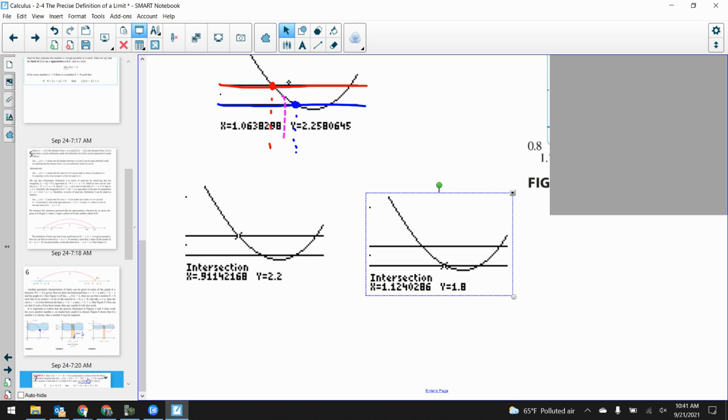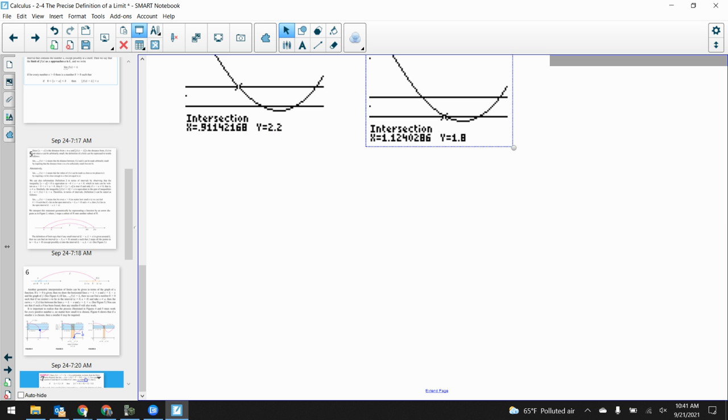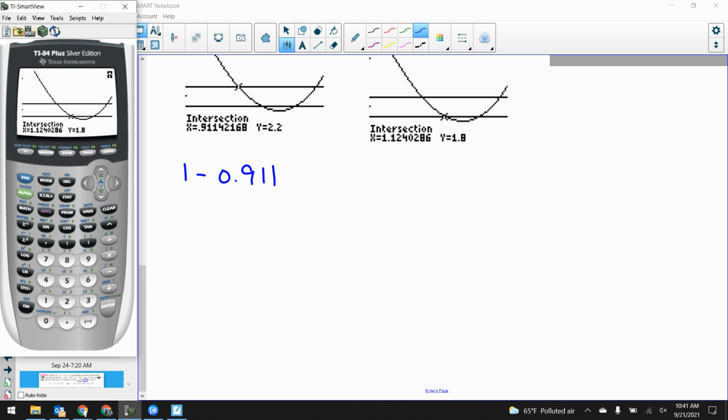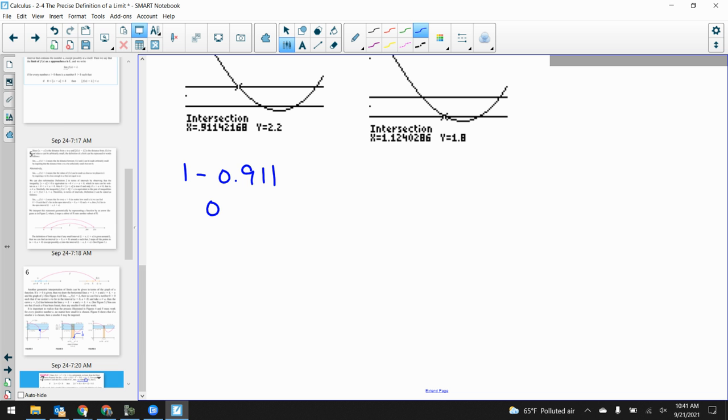Okay. Now, I've got 0.911 and then 1.12. I need to find which one of those is closer to 1. So let's see. I take 1 minus 0.911. We'll round to the nearest hundredth. 1 minus 0.911, and that's 0.089.